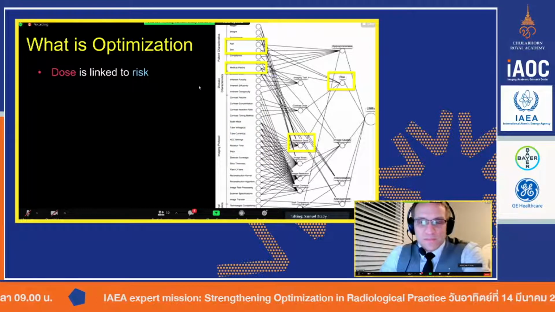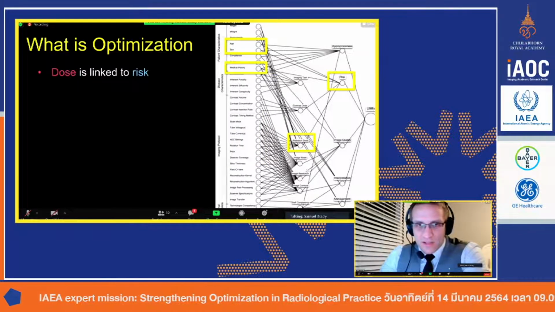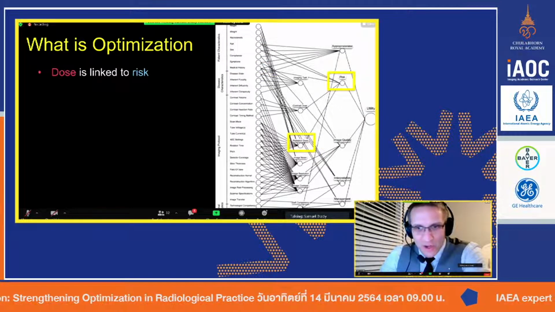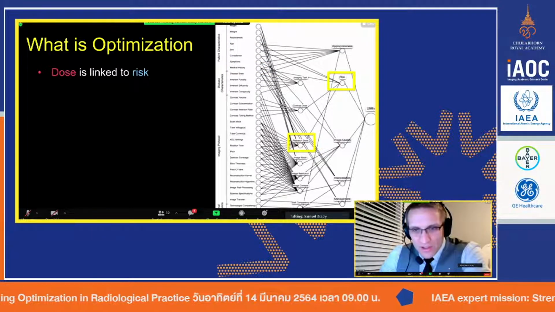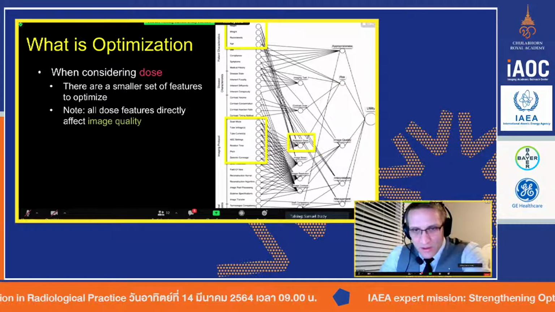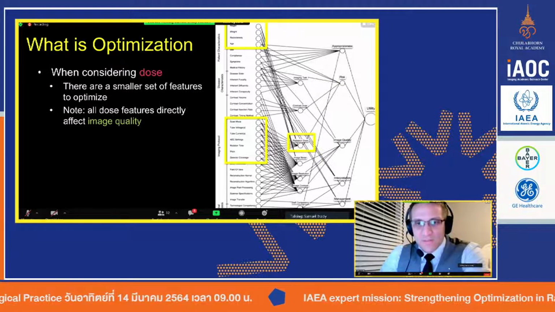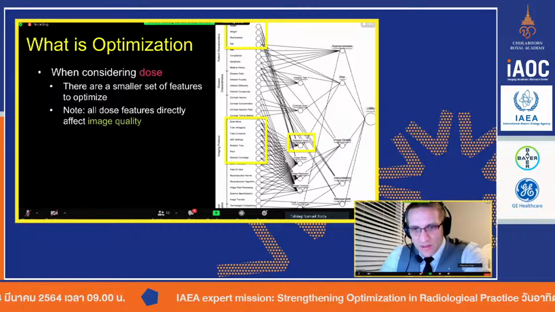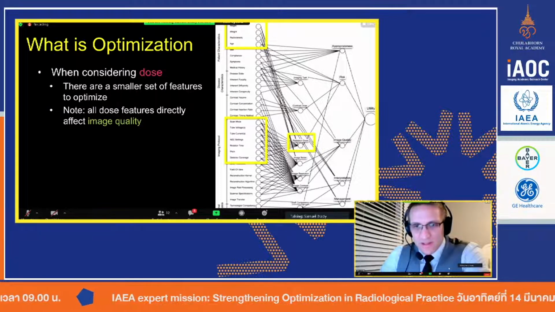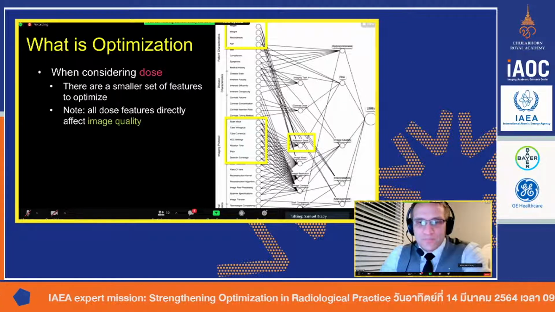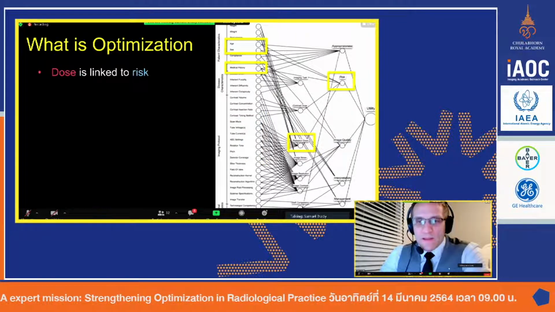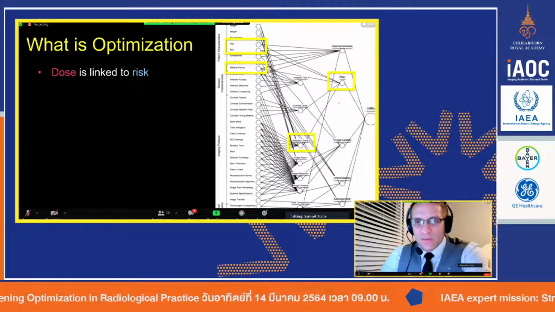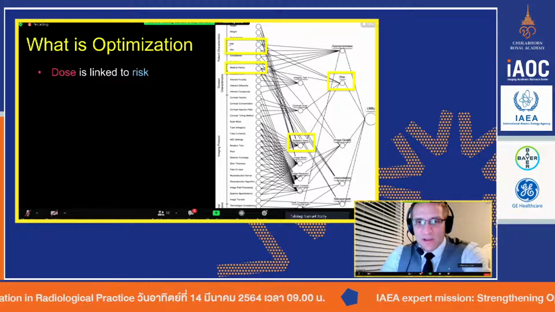And then the other thing, sorry, I keep pushing the button and I'm trying to use my mouse as a pointer. There we go. Radiation dose, you can see, points to all of these parameters here. As we talked about last time, these parameters also point to image quality. So as we change the radiation dose knob, it's going to have an effect on risk, as I was just talking about a minute ago, and image quality.